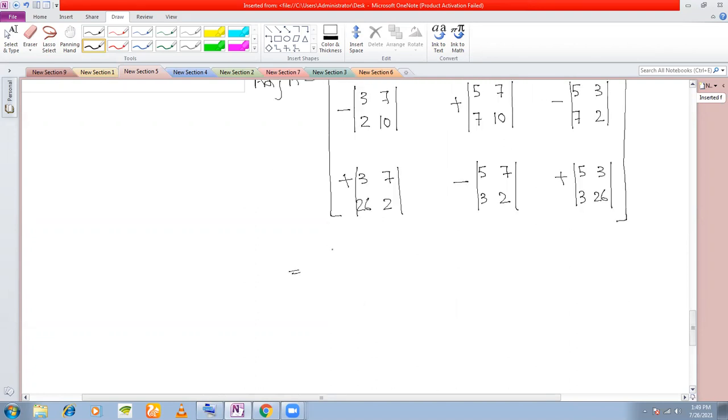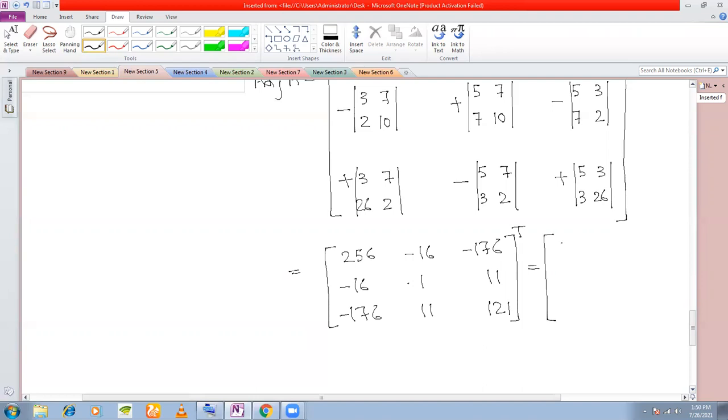And you can simplify this matrix. Transpose.